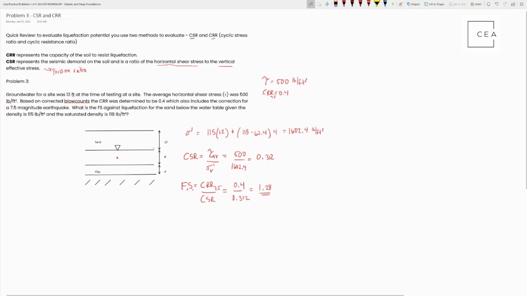Your overstrength, you're almost 30% greater than the capacity that you need to resist your stress, which is good. So maybe you did something to the soil, you improved it in some way, maybe you were shooting for that factor of safety, or maybe you need more and you need to improve the soils. Yep. So that helps you determine that. It's a good one. You nailed it, Isaac.